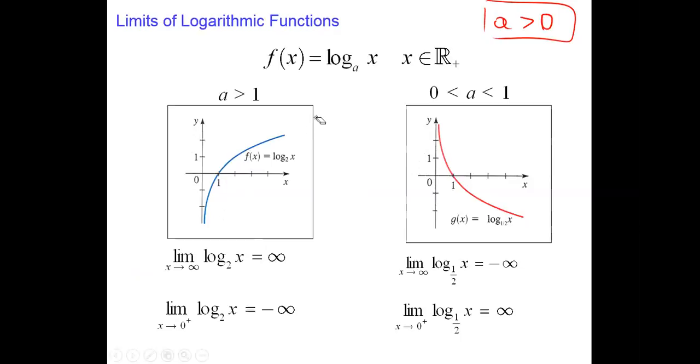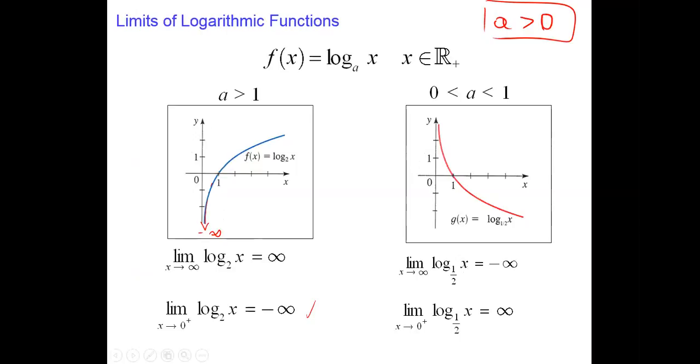The logarithmic function, which is the inverse, is increasing, but really, really slowly. It is still going to infinity, but extremely slowly. And the behavior at 0 from the right-hand side: the function is going down to negative infinity. This is the opposite.